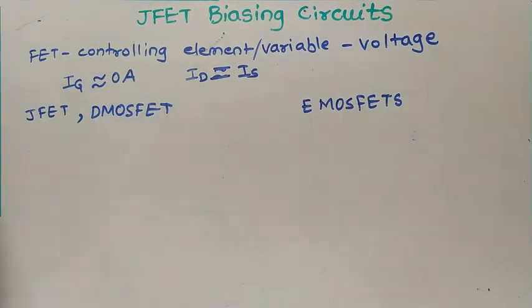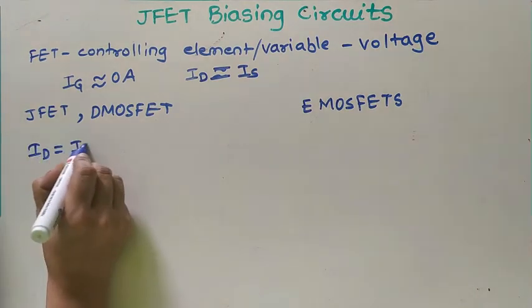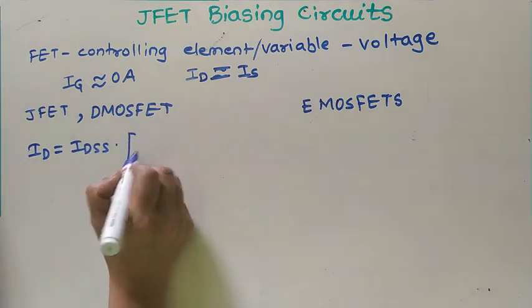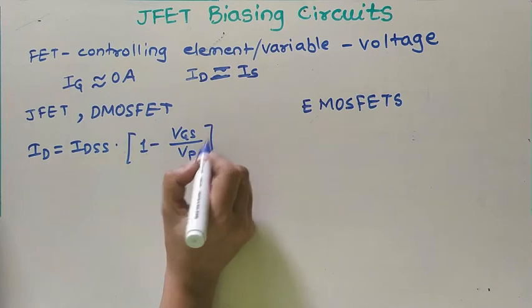So for JFET and D MOSFET, the Shockley's current equation is applied to relate the input and output quantities, and that Shockley's equation is ID is equal to IDSS into 1 minus VGS upon VP bracket square.